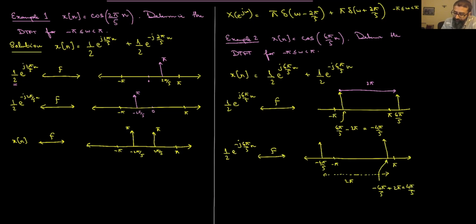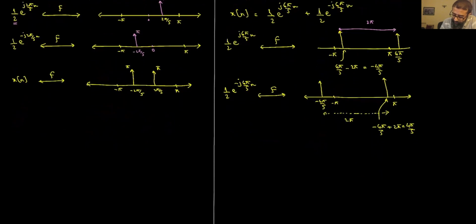So my conclusion is that the Fourier transform of x of n in this particular example, within the interval minus pi to pi, is going to be two impulses. If this is pi and this is minus pi, one of the impulses is going to be at 4 pi by 5, and the other one is going to be at minus 4 pi by 5. The height, of course, for all of these impulses is going to be pi, the same as before.